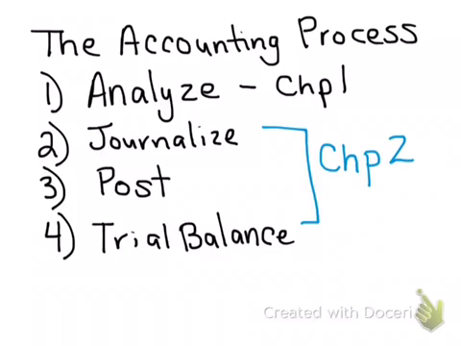We list out the balance in a debit column or a credit column. Then we go through and total up all of our debits. We total all of our credits, and those two totals should balance when we get through with the trial balance.